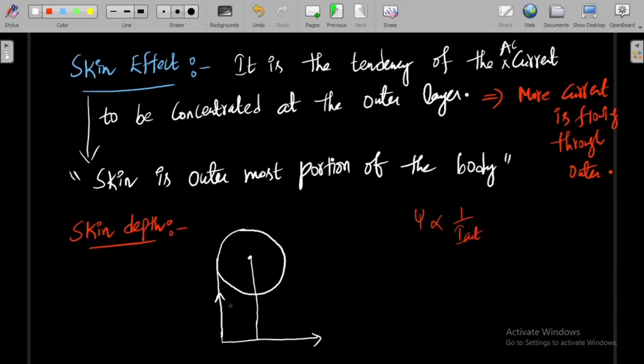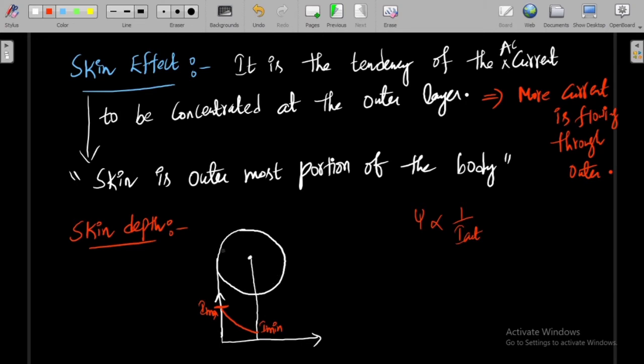Now how can I draw the variation of this? Here I can draw the variation of the current like this. This current is I maximum and this current is I minimum. Because of skin effect, you have the maximum current flowing through the outer layers. This is the outer layer.